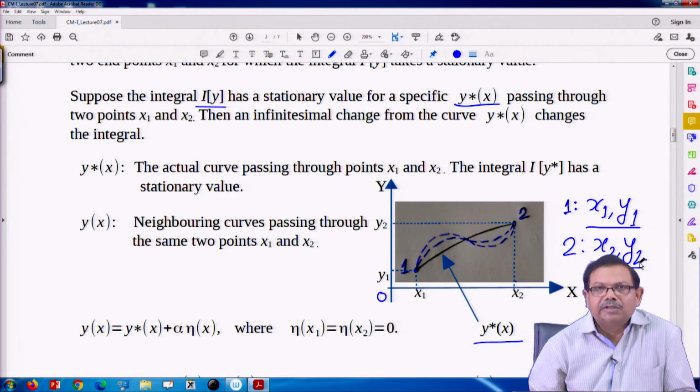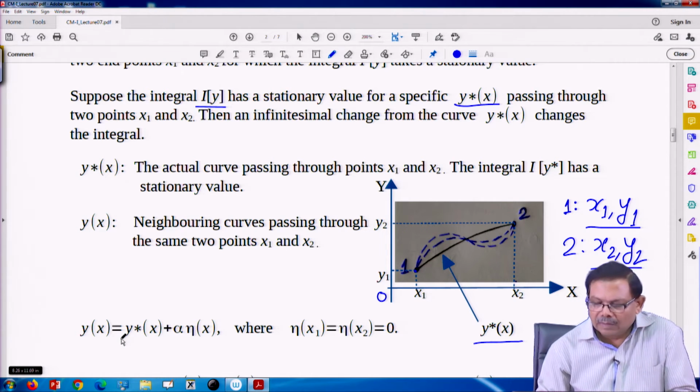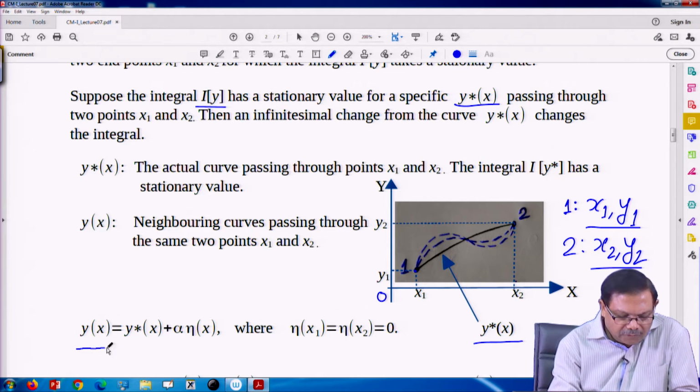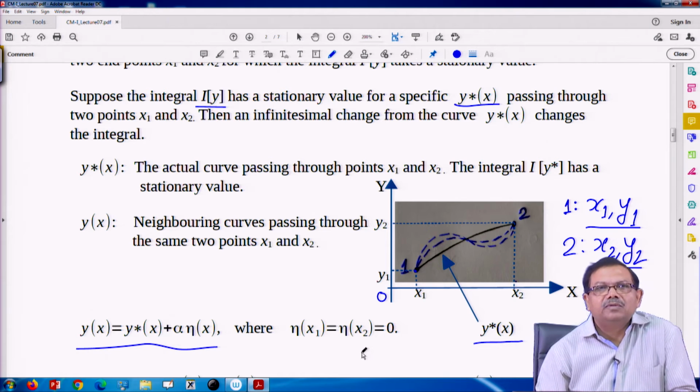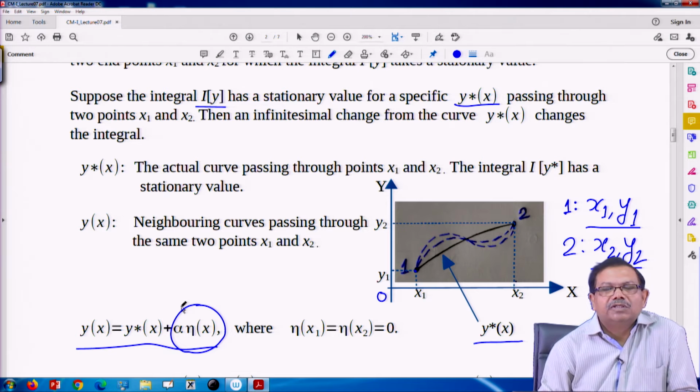Let us say a general curve y of x would differ from the actual curve. So, y of x will differ from y star of x by some small amount.